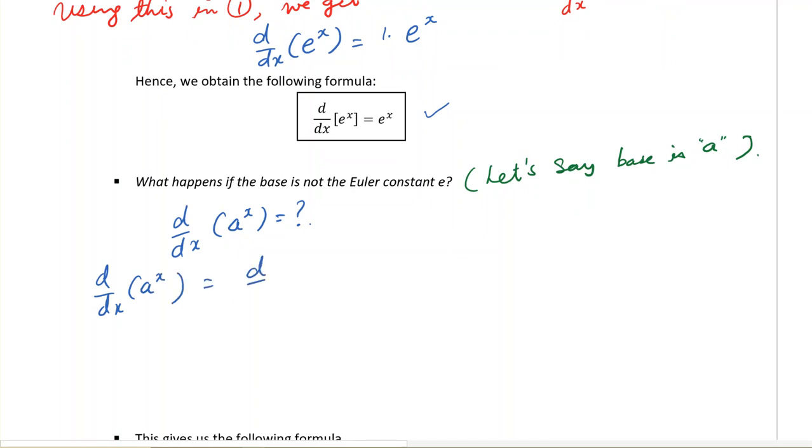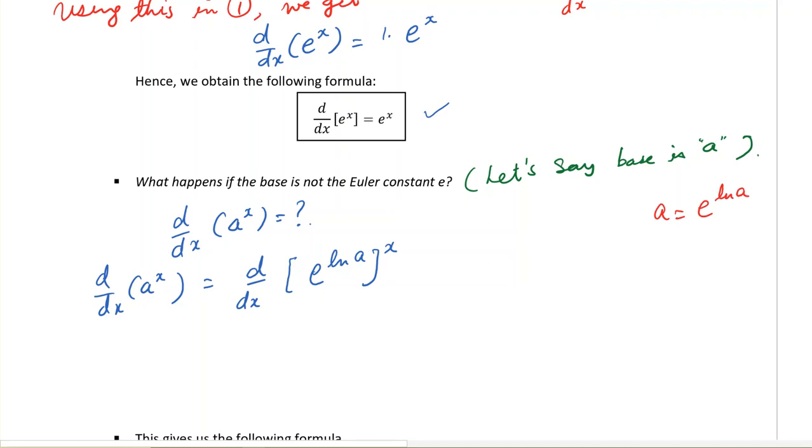I'm just going to use a clever way to rewrite this expression. So a raised to power x can be written as e raised to power ln a, all raised to power x. Remember, exponential and logarithmic functions are inverse functions of each other, so they cancel each other's effect.